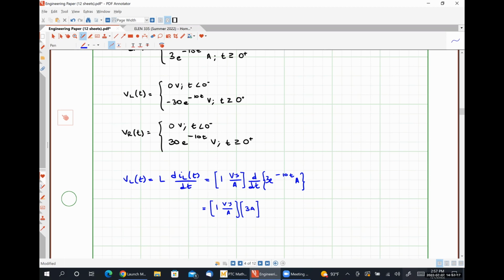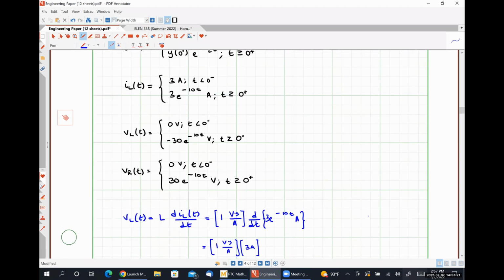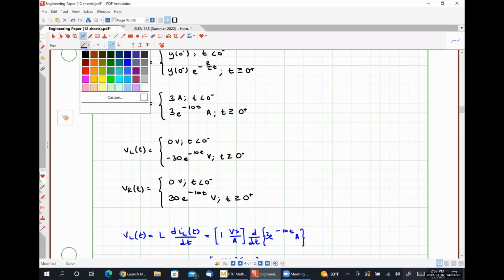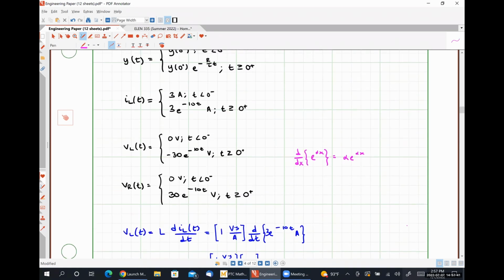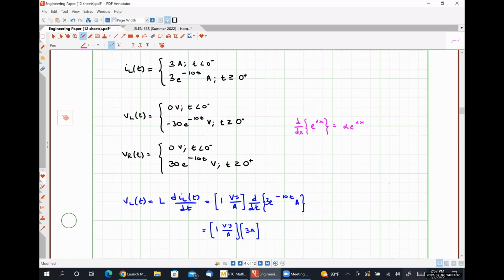When I take the derivative of e to the alpha x, let me write this up here just so it's very clear what I'm doing. I believe I introduced this the other day, but the derivative of e to the alpha x is alpha e to the alpha x. Well, in this case, alpha is just a factor of negative 10.